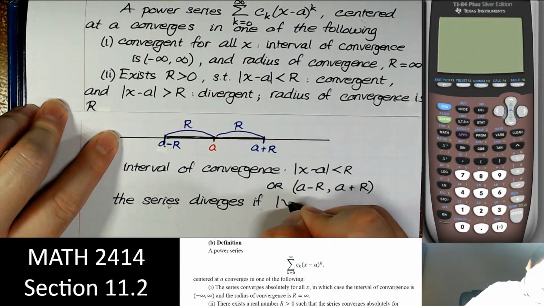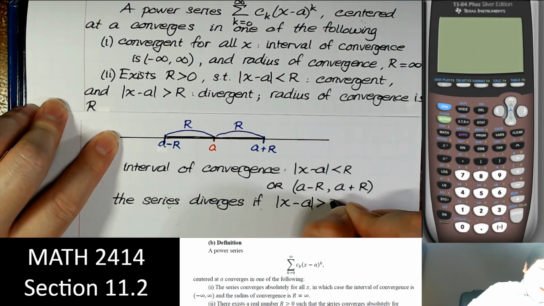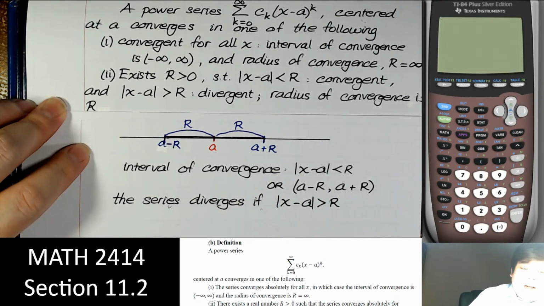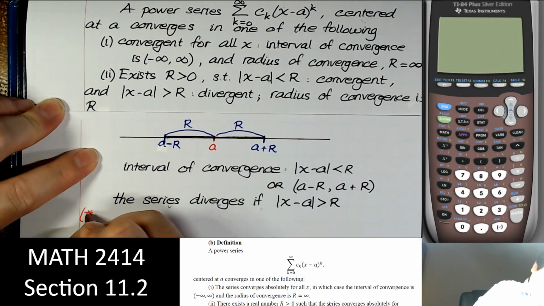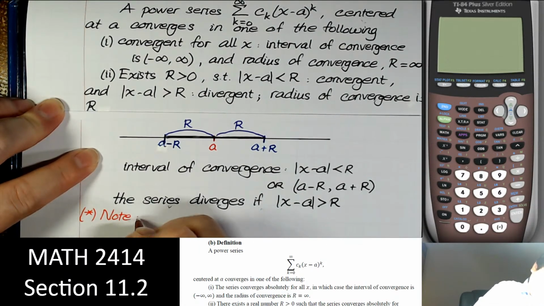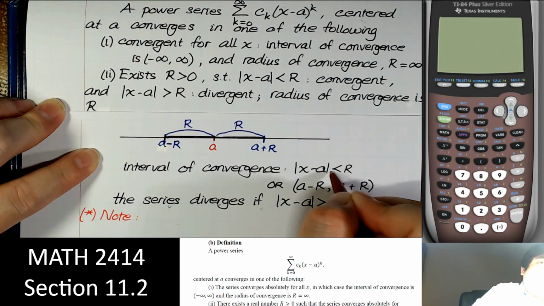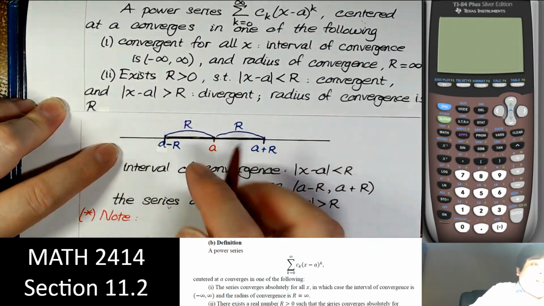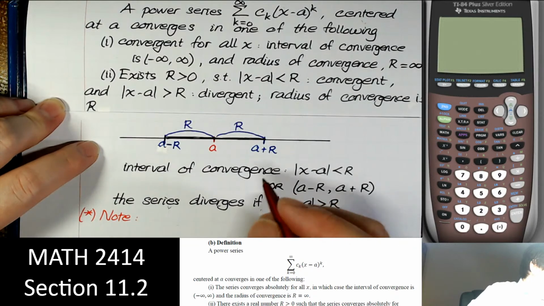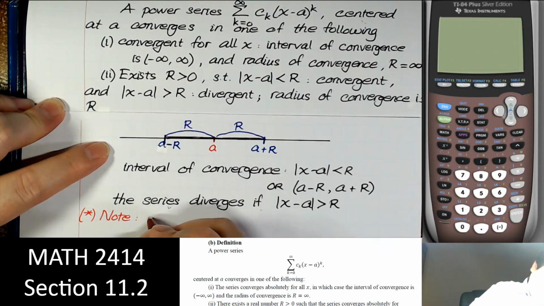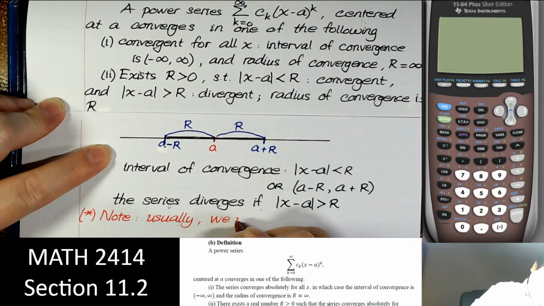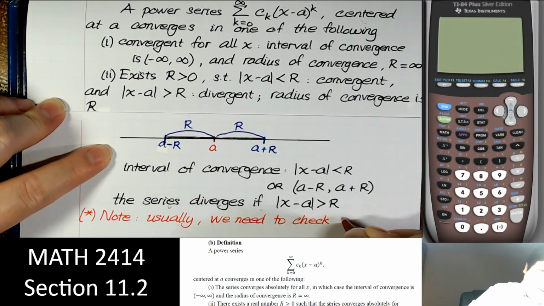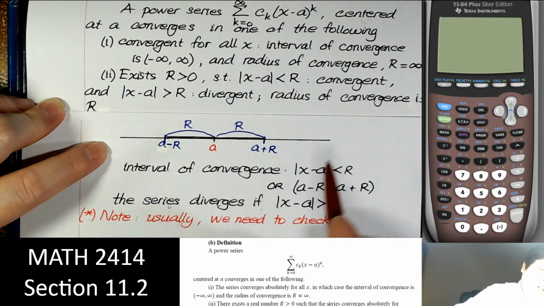So for sure the only thing left is what happens at the boundary. That's a little note: we need to check what happens when this is equal to r. We know the outside, we know the inside, we just don't know what happens on the boundary. So usually we need to check the boundary at these two points.